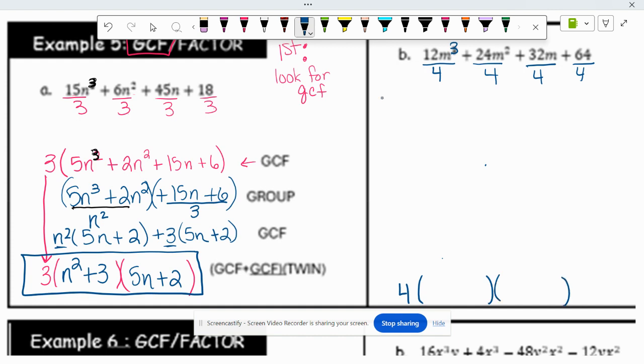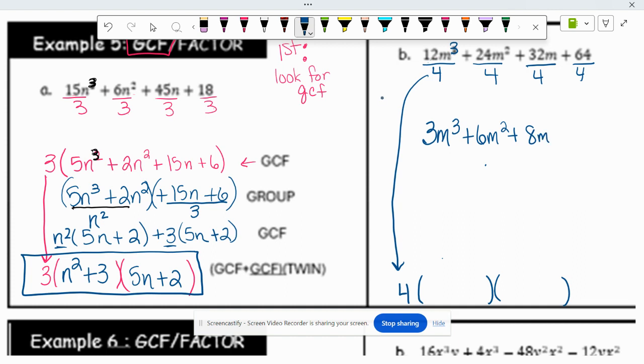So let's see. When I take a 4 out, I'm left with 12m cubed divided by 4 is 3m cubed. Do you guys see that I pulled my 4 all the way down here? Does everyone see that? 24m squared divided by 4 is 6m squared. 32m divided by 4 is 8m.